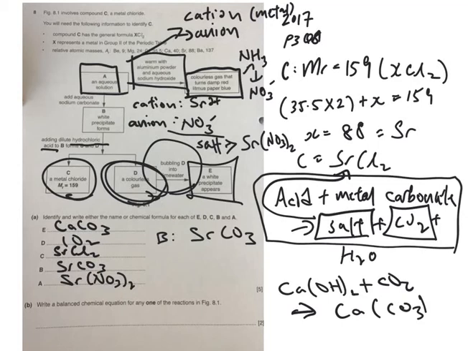Alright, so for part B of this question, write a balanced chemical equation for any one of the reactions in figure 8.1. So if you look back at how we have solved this question, we have written a couple of reactions just now. Of course, there's one which is the bubbling of your carbon dioxide into your lime water, and there's a second one which is just the general equation that we have written, your acid plus metal carbonate reaction. If you were to ask me, it would definitely be an easier option because we have already gone through this equation in the acid, base and salt chapter.